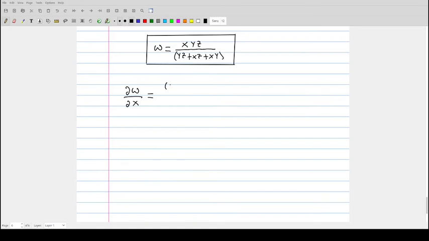So it'll be yz times yz plus xz plus xy minus xyz times the partial derivative of the denominator with respect to x, which is z plus y, divided by the denominator squared.